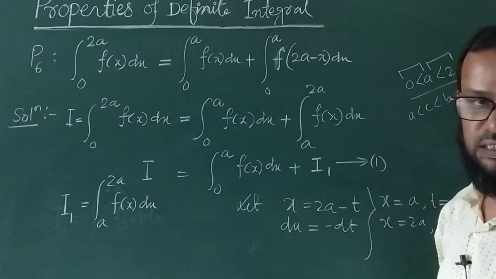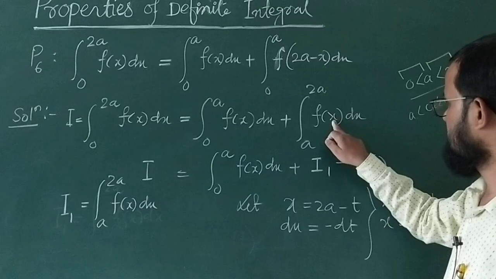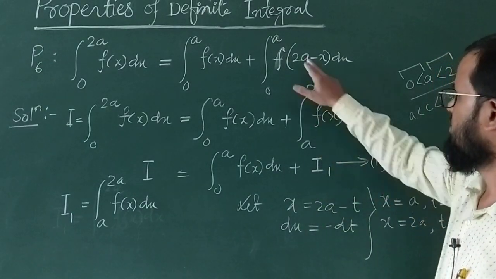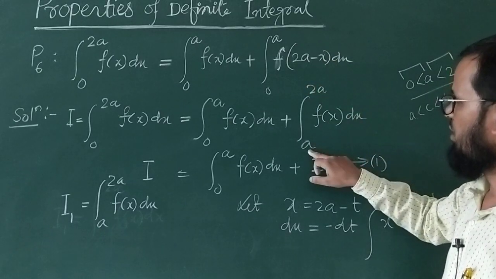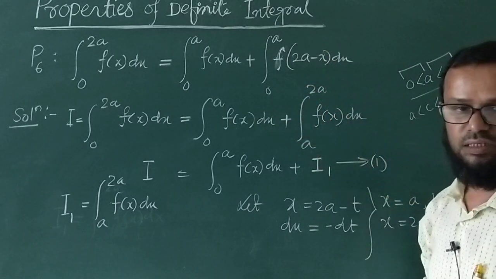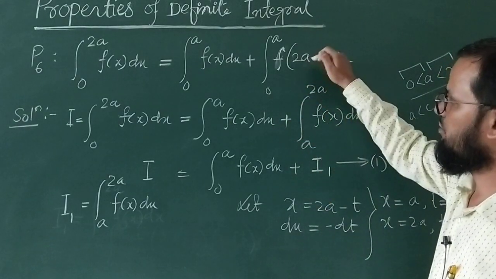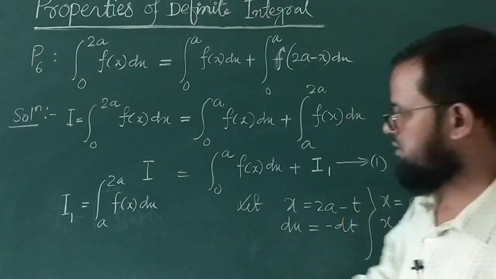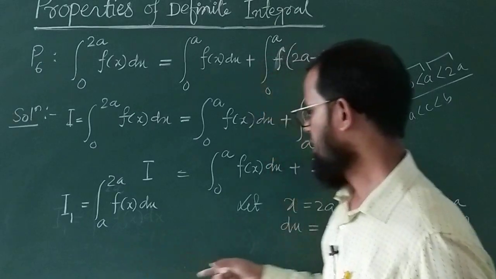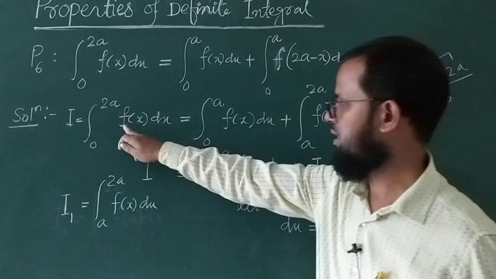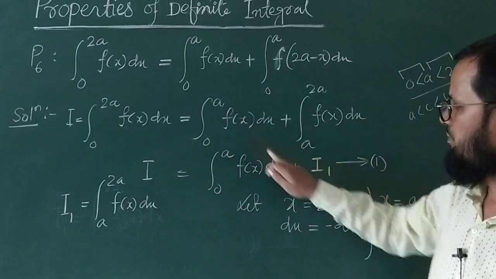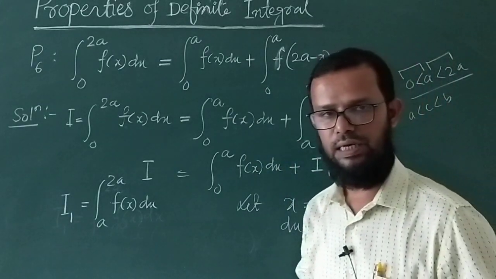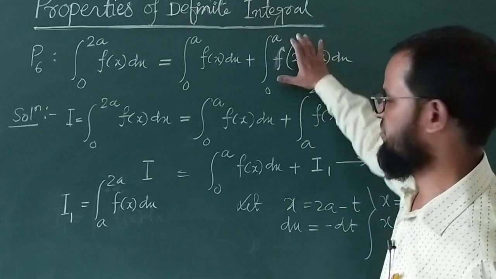That means x is replaced by 2a minus x, and the lower limit becomes 0 and the upper limit becomes a, and then you can reach this particular integral. We name this particular integral I1, and finally your integral I becomes this integral plus I1. So, our main job is to reduce the integral I1 into this.